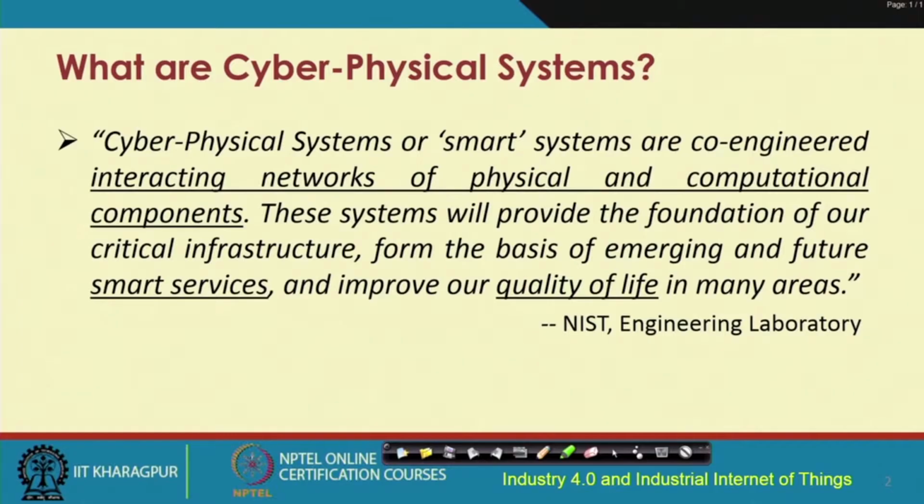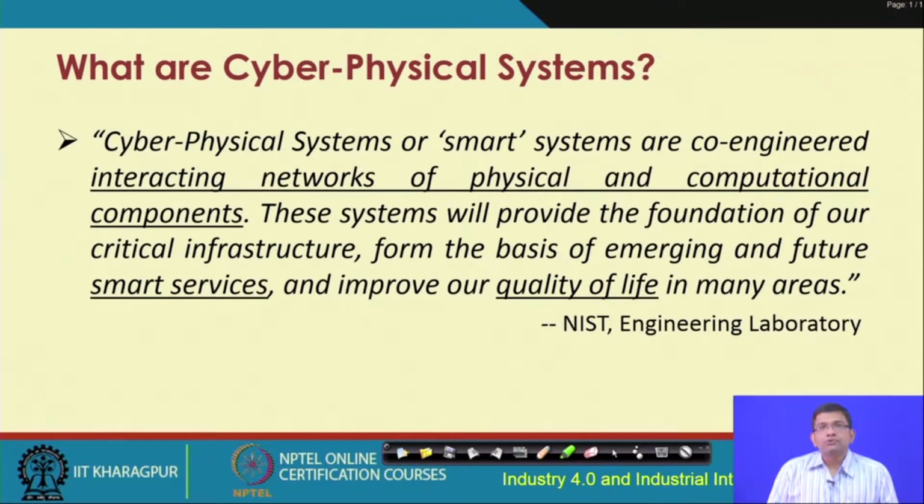So, what is a cyber physical system? There are different definitions that you will be able to find in the literature, and people still confuse between what is IoT, what is CPS, what is the difference between them, what is M2M, like that, there are different allied technologies which have overlapping scope and so on.